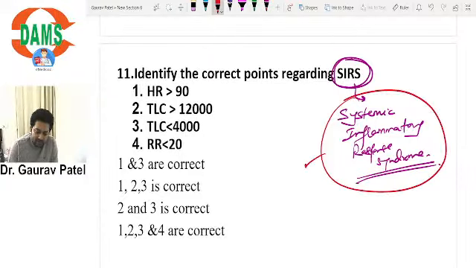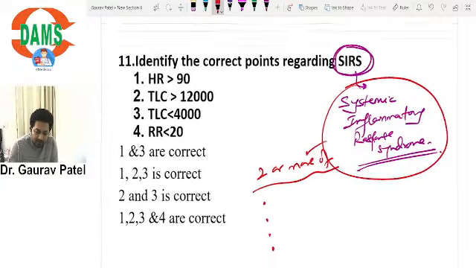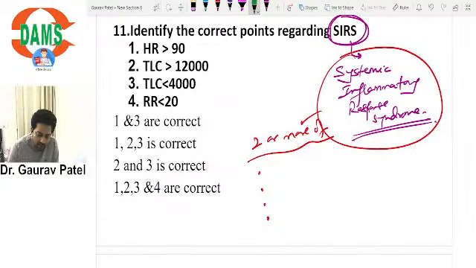SIRS is 2 or more of the following 4. Temperature either less than 36 or more than 38. Less than 36 or more than 38.